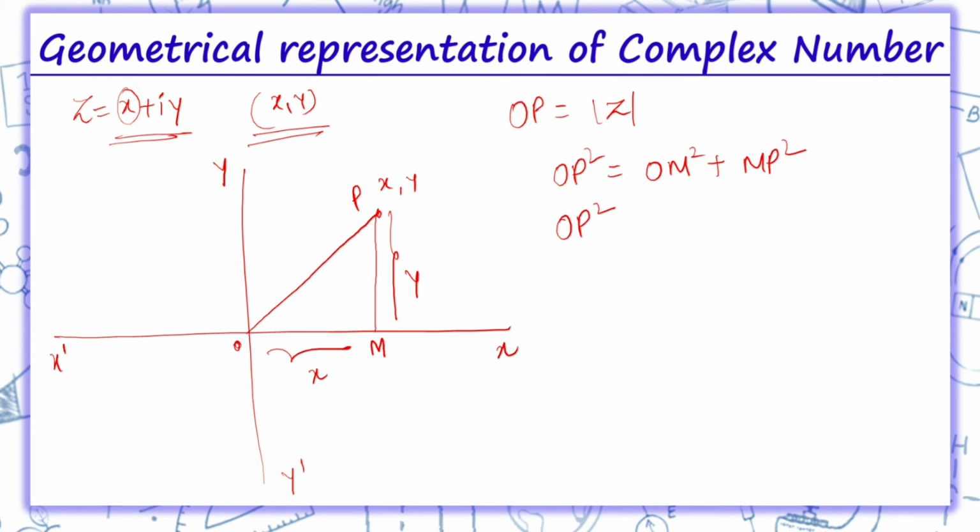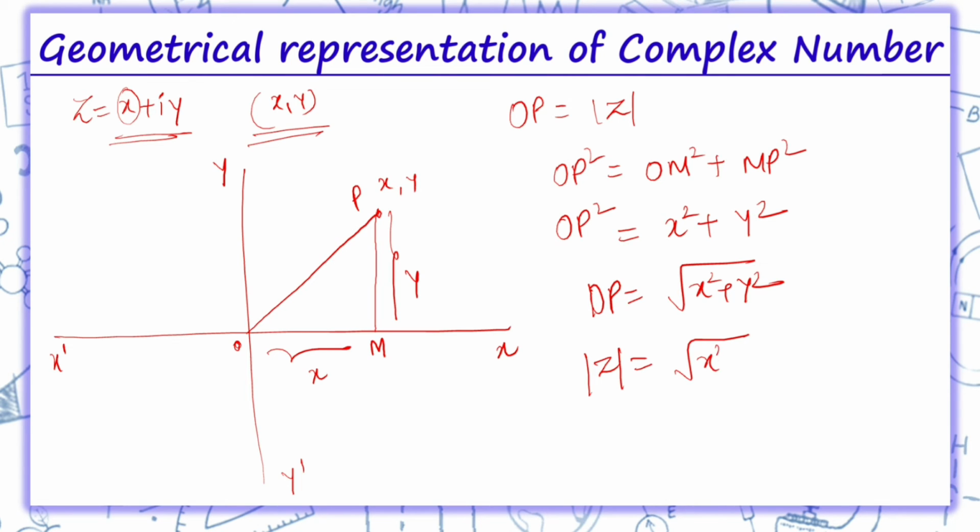So OP square can be written as x square plus y square. Thus OP will be written as root of x square plus y square. So mod of z will be under root x square plus y square, that is under root real part of z square plus imaginary part of z square.